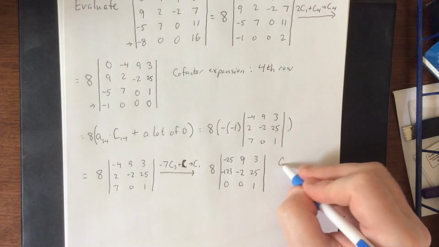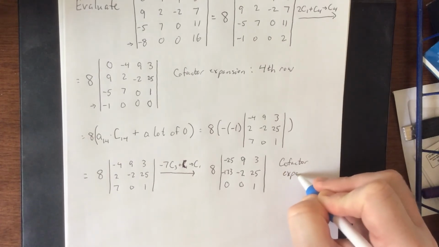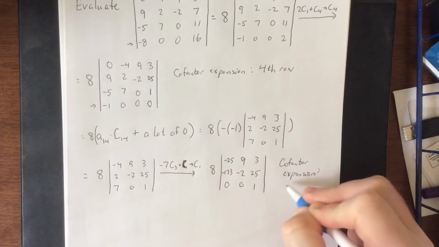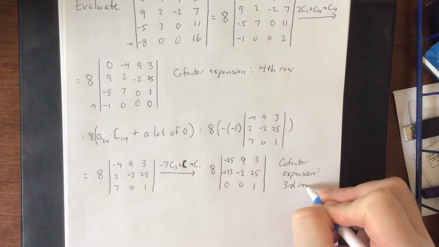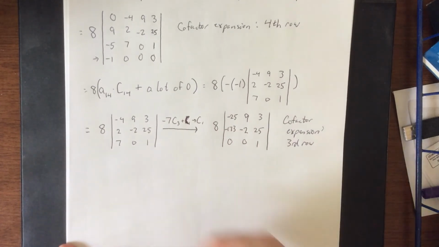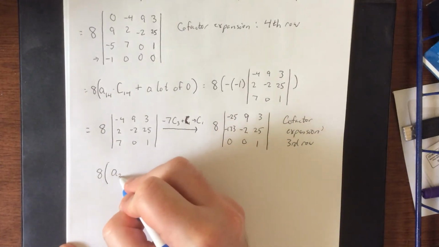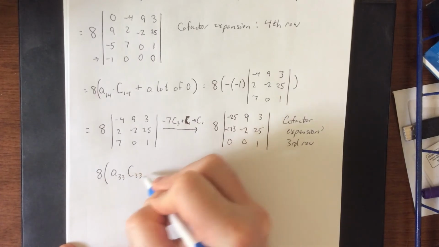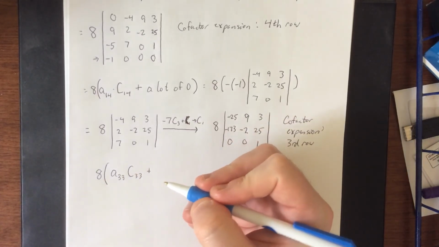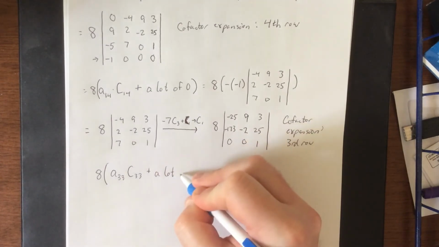Now we can do a cofactor expansion using the third row. What we'll wind up getting here is 8 times the 3,3 entry times the 3,3 cofactor, and then the other two terms that we'll get will both have zeros associated with them, so we'll get a lot more 0.